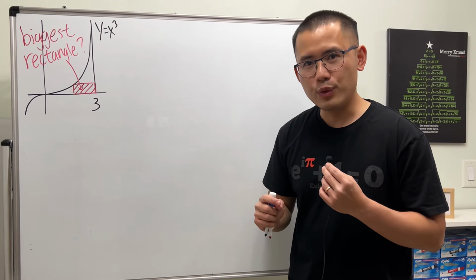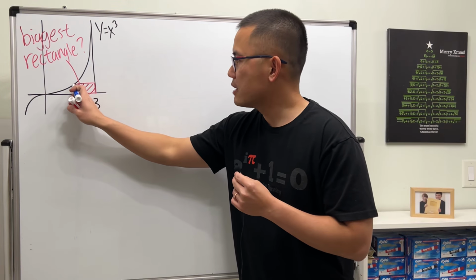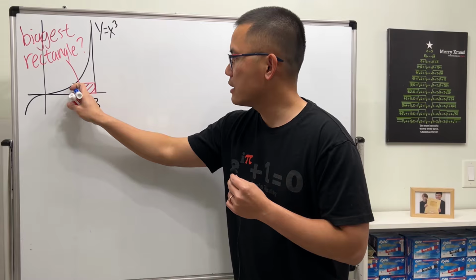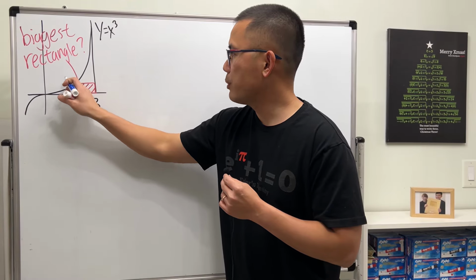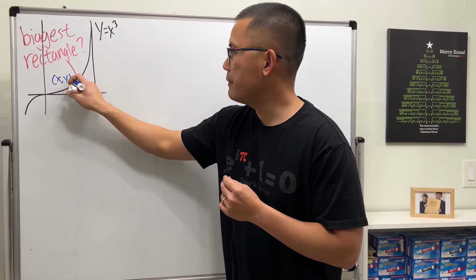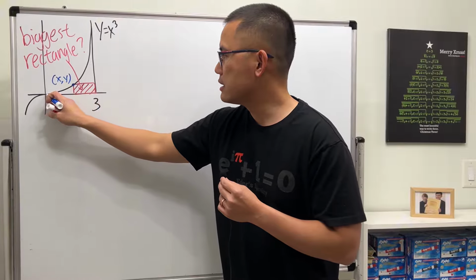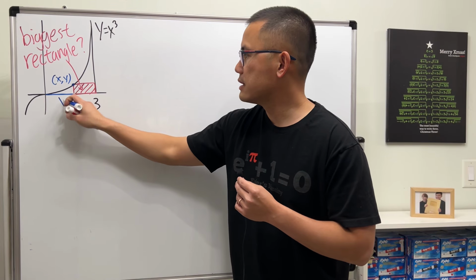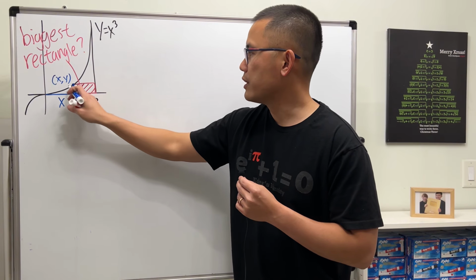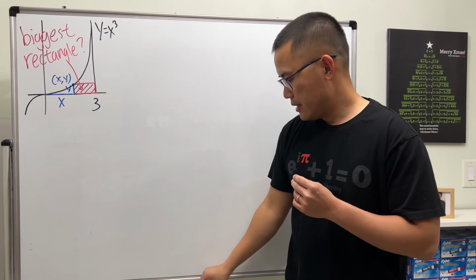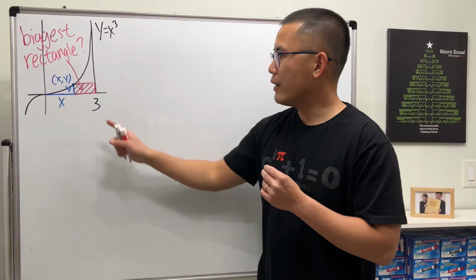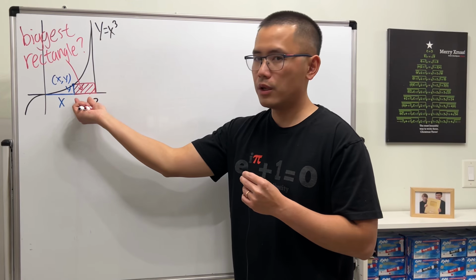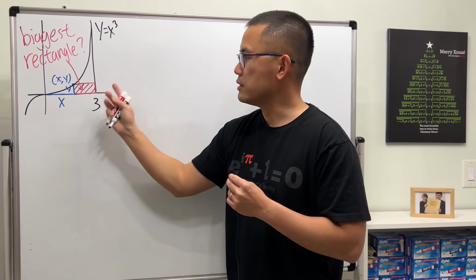Well, let's come up with an equation first. Since the top left corner is on the curve, this point here is (x, y). That means this distance from here to here is x, and this distance from here to here is y. Then the base for this rectangle, the whole thing, is 3.